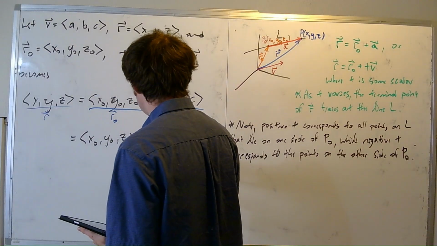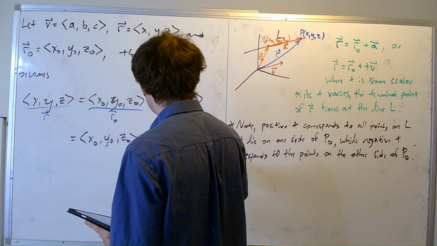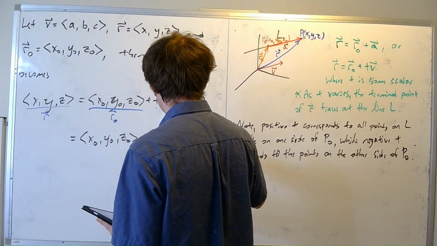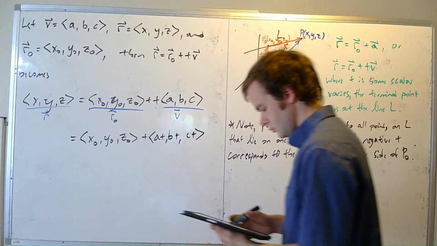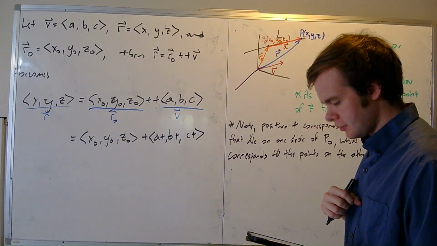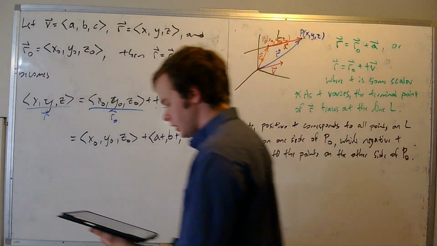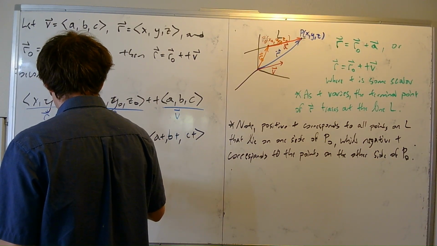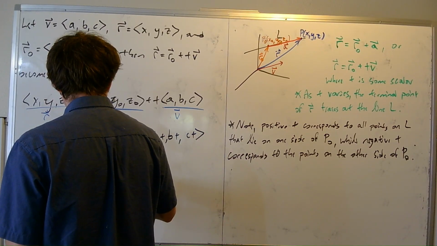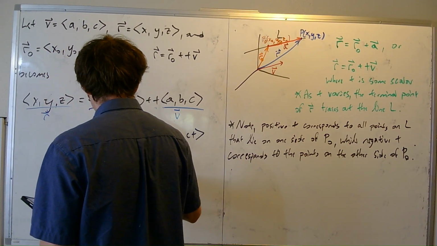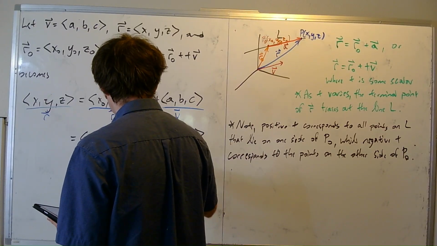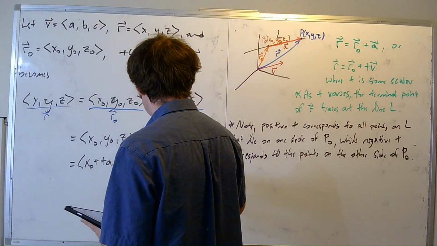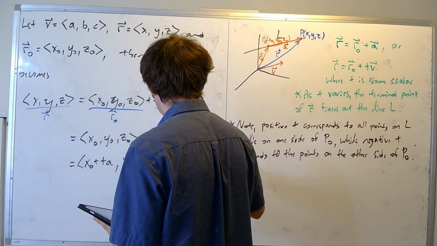But if we distribute T, then we're going to get A times T, B times T, and C times T. Okay. And now we can just add together these two vectors, and we're going to get x0 plus t times A, y0 plus t times B, and z0 plus t times C.